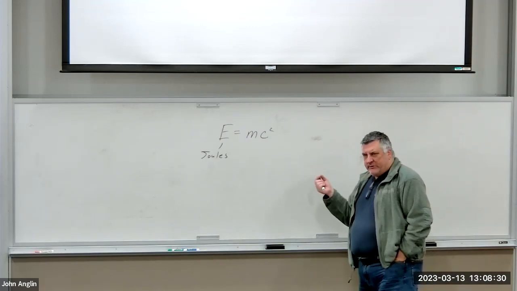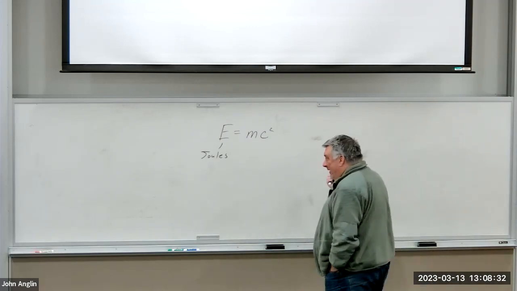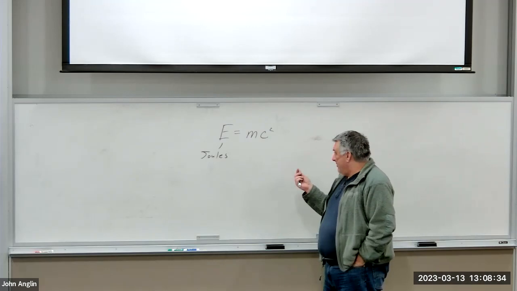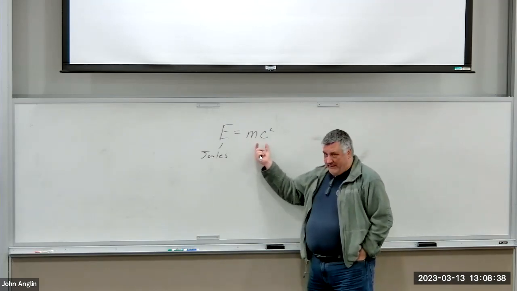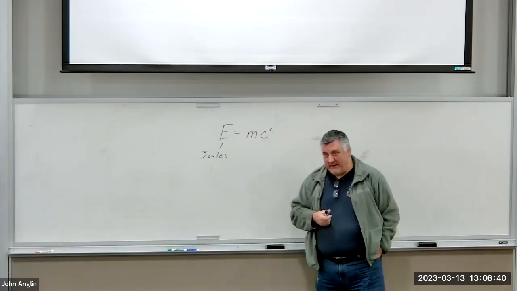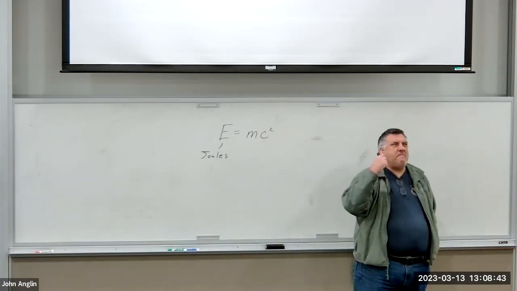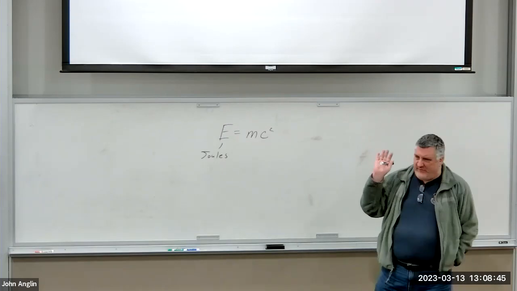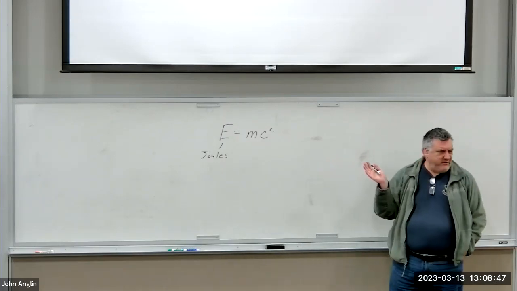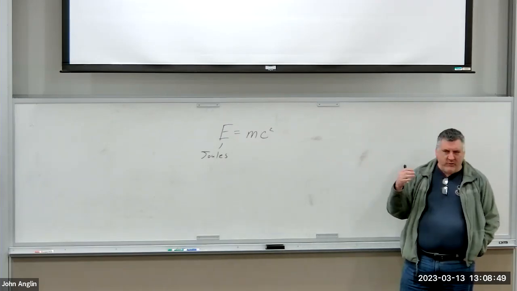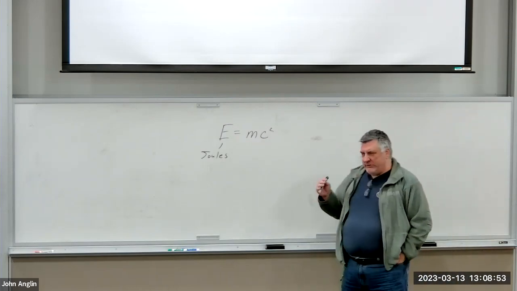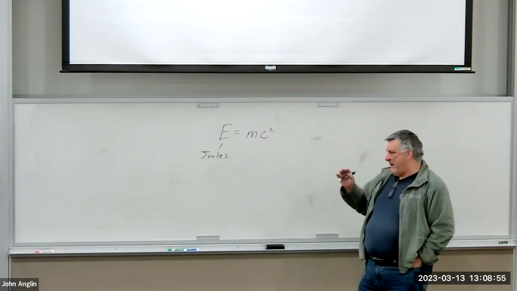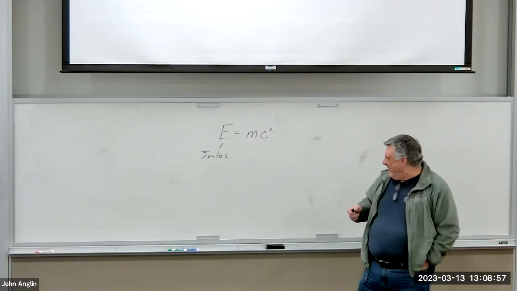The total energy in the system is going to be a function of the mass of that system and the speed of light, actually the square of the speed of light, c. This is very, very complicated to derive, and I'm giving you a very, very simplified explanation of it. But I just want you to understand that energy and matter are connected.